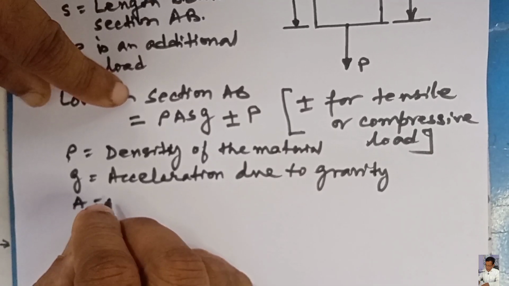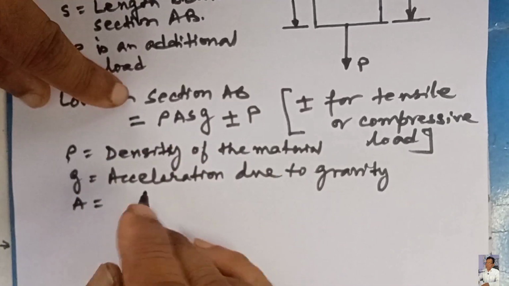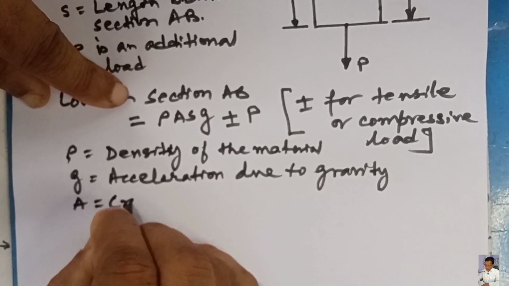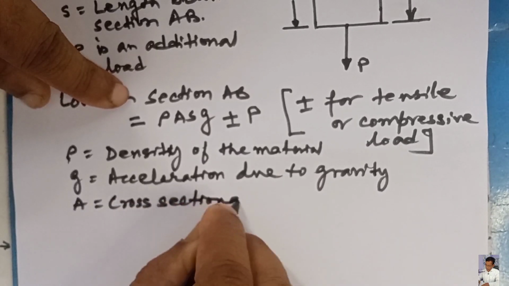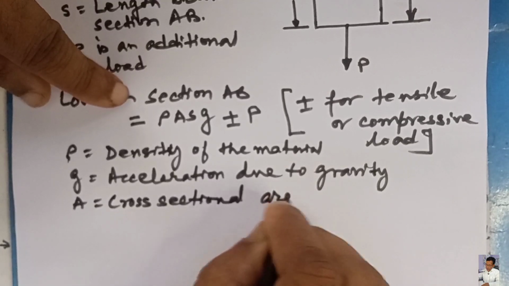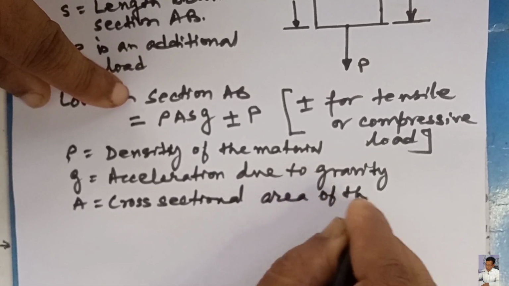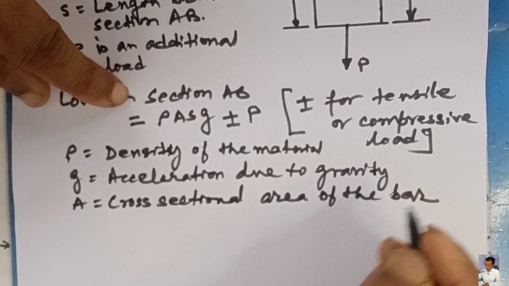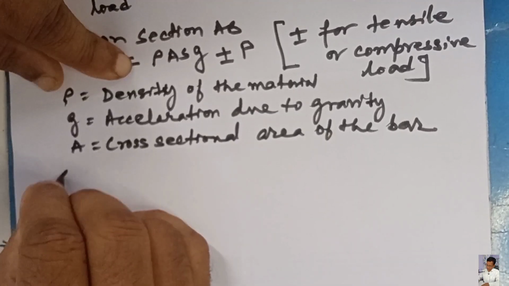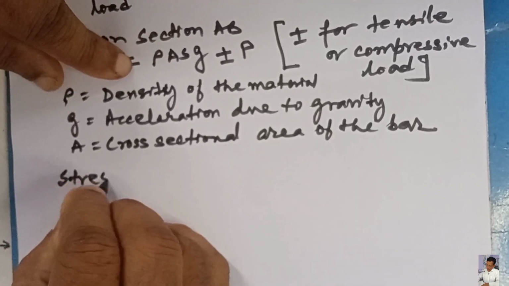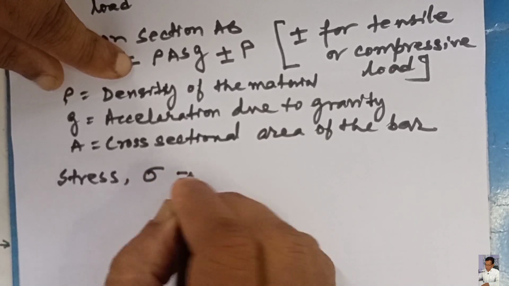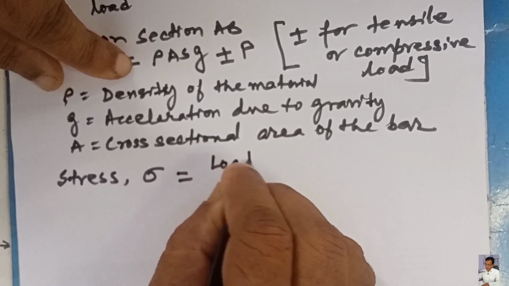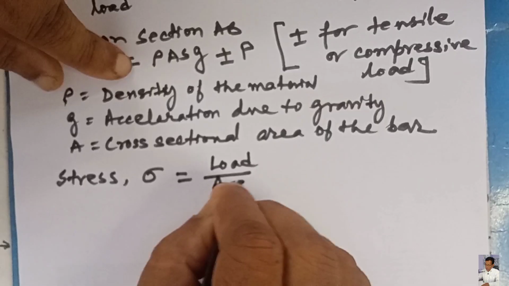A is the cross-sectional area of the bar. So stress is equal to load by area.